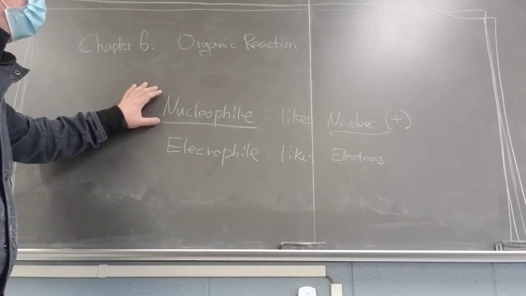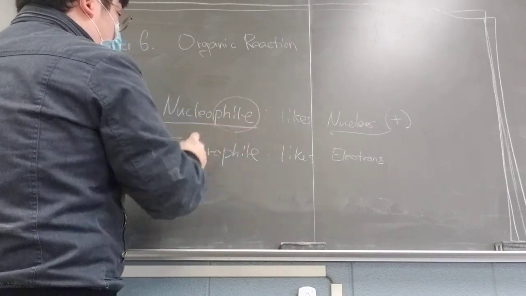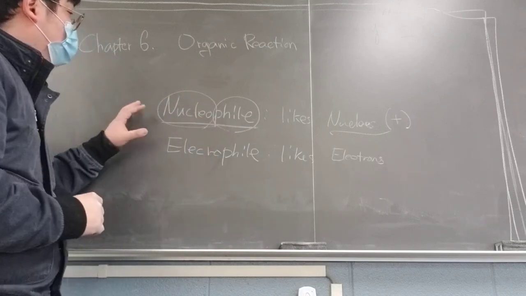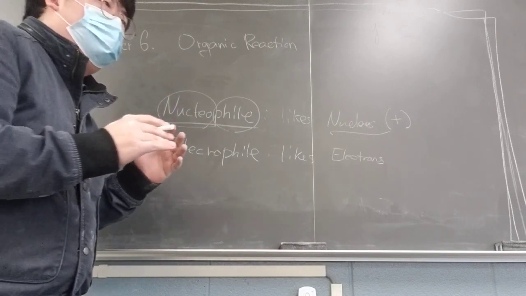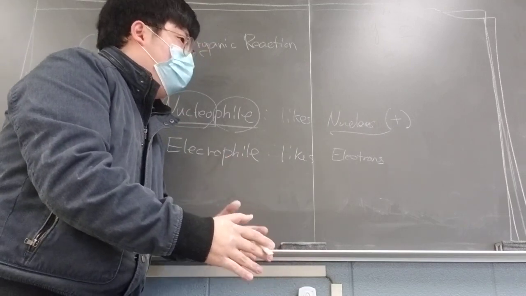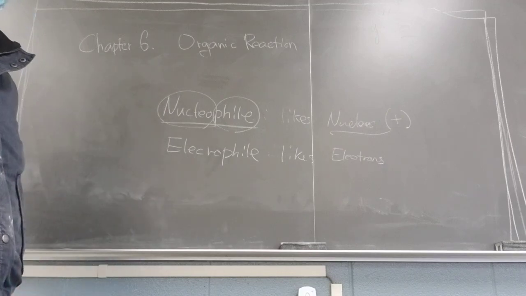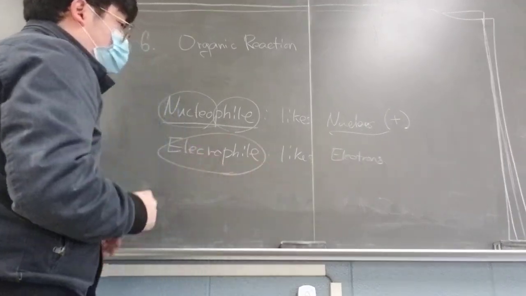We call that a nucleophile, because the -phile, you guys already know this, right? It means they like something, and they like nucleus. So any molecule or compound chasing something positive to make a bond to is what we call the nucleophile.